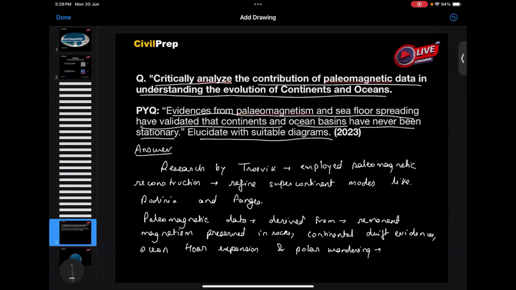So here we see that it is giving credence both to Alfred Wegener's early insight and the later plate tectonics model provided by Vine, Matthews, and Wilson.